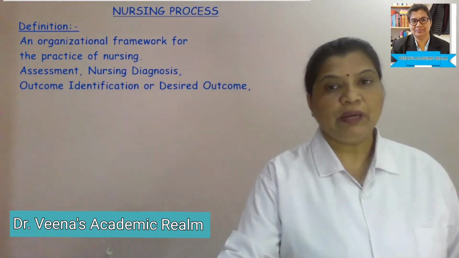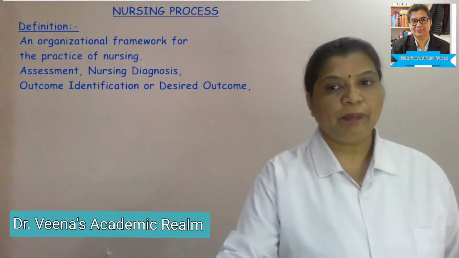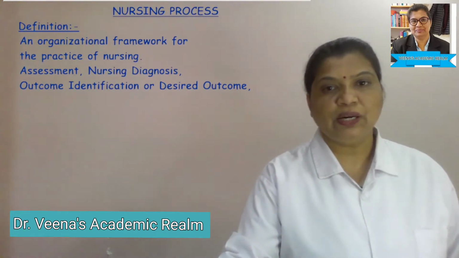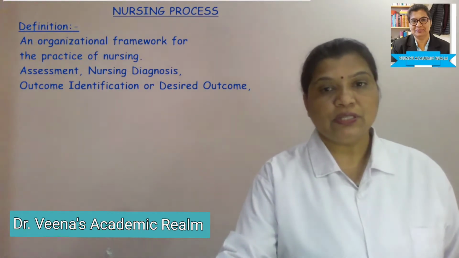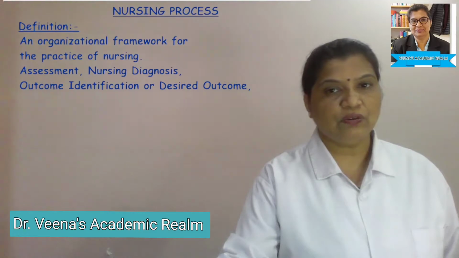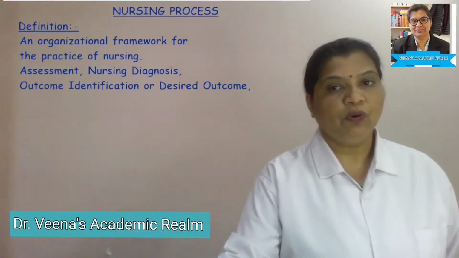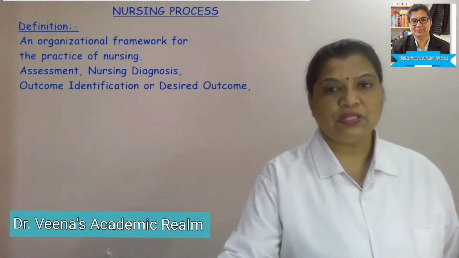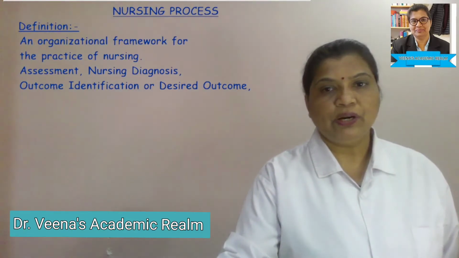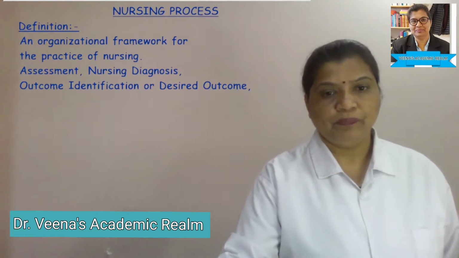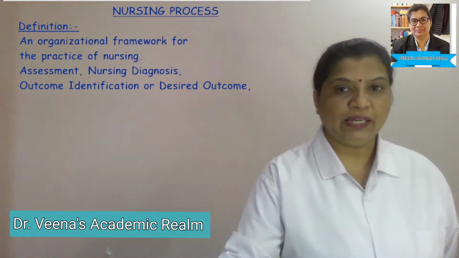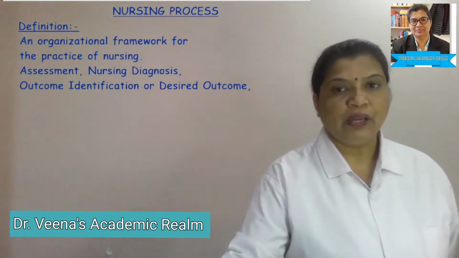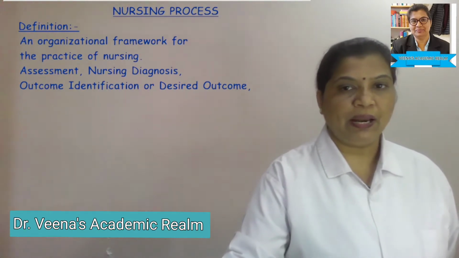So first there will be an assessment, assessing the patient, subjective data, objective data, which we are going to see later. Then nursing diagnosis, how to formulate a nursing diagnosis, what is the criteria for formulating it, and what are the types of nursing diagnosis, we will see that also. Then expected outcome, or it is called a desired outcome. Planning, how we can plan the care according to the patient's problem and how we can implement the care plan.